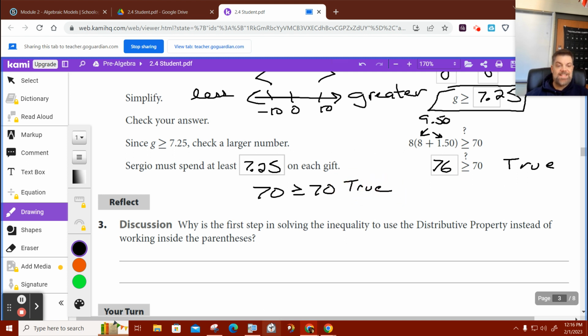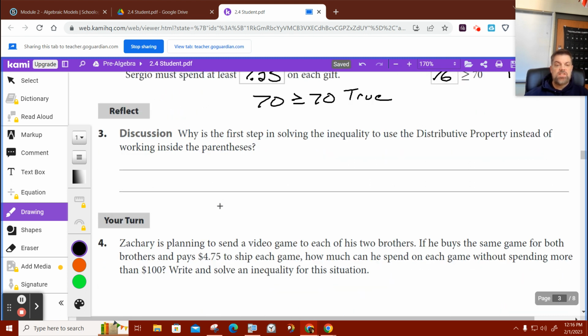So cool. Last thing, we're going to do some reflection here. Discussion. Why is the first step in solving an inequality to use the distributive property instead of working inside the parentheses? The variable is unknown.